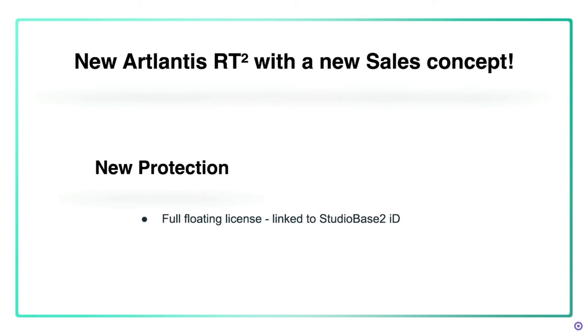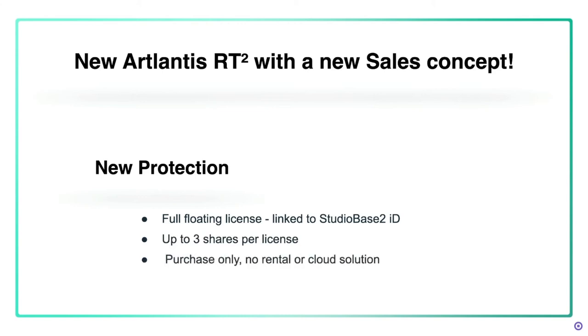It means that you need to register your serial number first, and from then on, all you have to do when you launch Artlantis RT is log in to your Studio Base 2 ID, and through the internet, Artlantis will recognize the serial number and allow you to start your work.